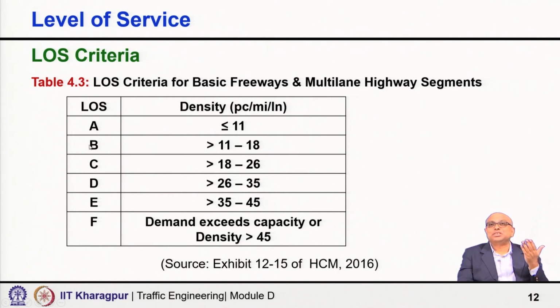LOS is defined based on the density in passenger cars per mile per lane: A less than 11, B greater than 11 up to 18, C greater than 18 up to 26, D greater than 26 up to 35, E greater than 35 up to 45, and F when the density is more than 45, or in all such cases where demand exceeds capacity, anyhow it is to be LOS F.